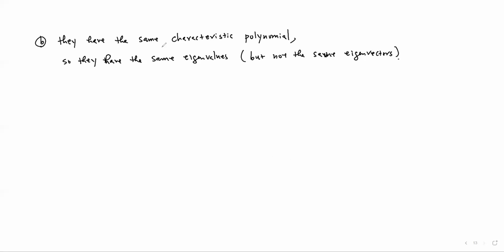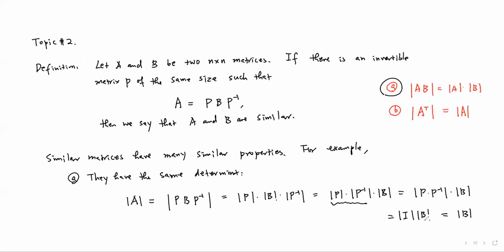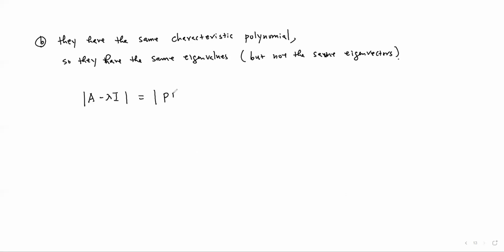Okay. How to see they have the same characteristic polynomials? Compare characteristic polynomials. What is A? A and B are related by this equation. So this is P D P inverse minus lambda I. Now, let me write identity matrix as P times I times P inverse, right?